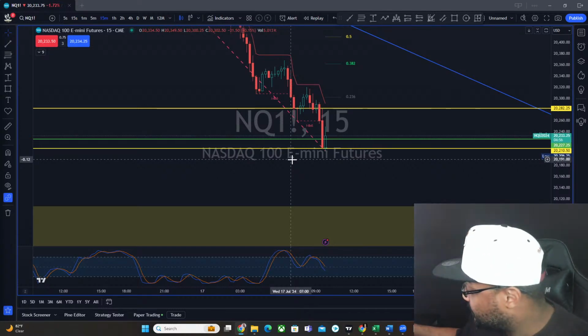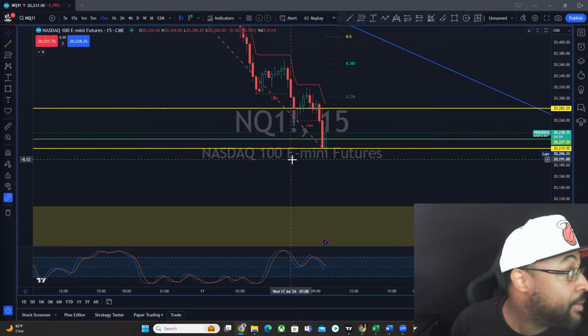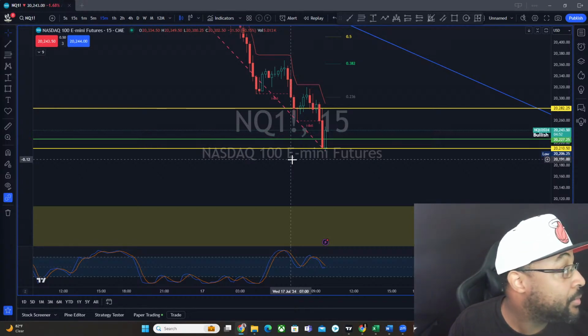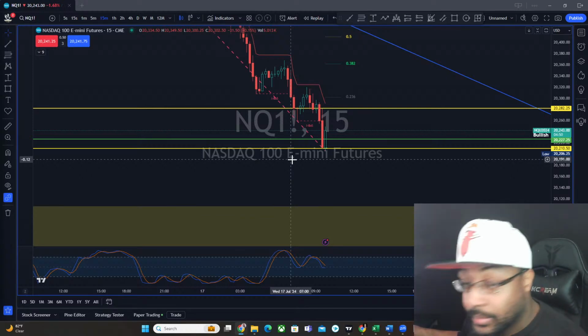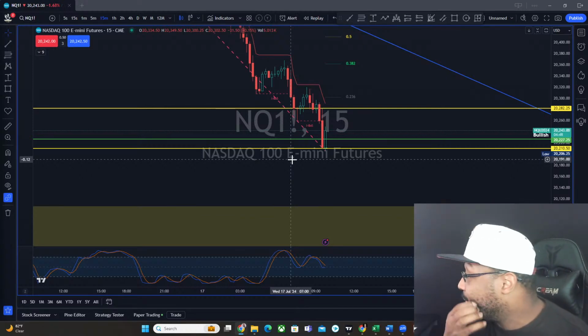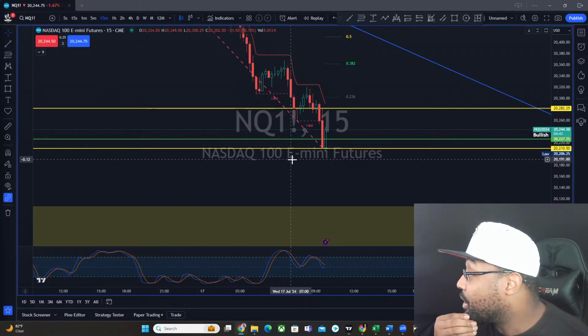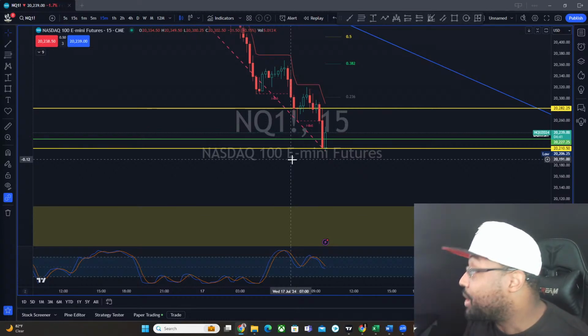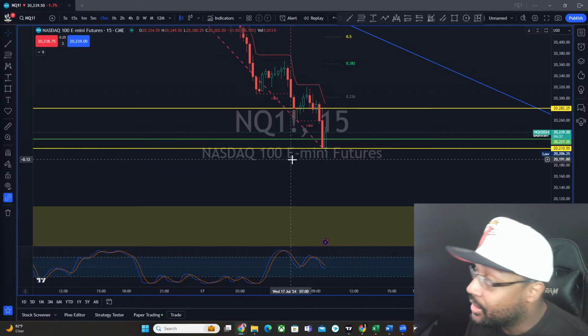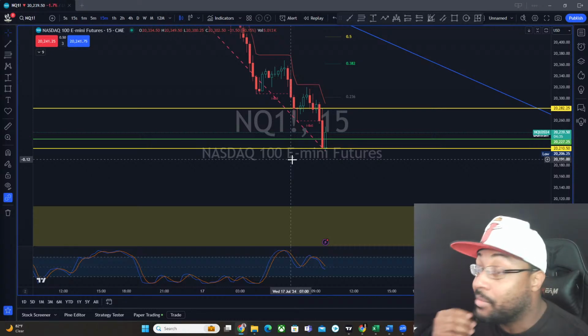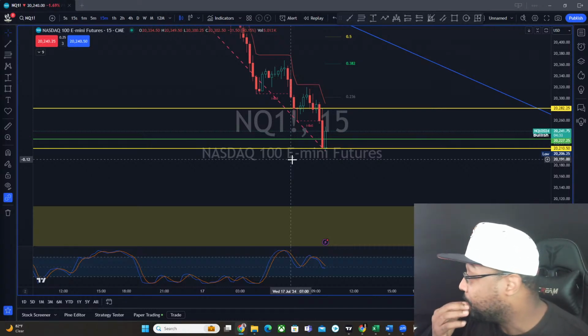Hold on for a second. Oh, there we go. So yeah, at the 250 level, that was the one that we struggled with. It made me hold my position a little bit. I was looking for us to close below it. We did. Could this be the retest for us to go ahead and dump down? Possibly. Let's see. I got like 4 minutes on this candle.